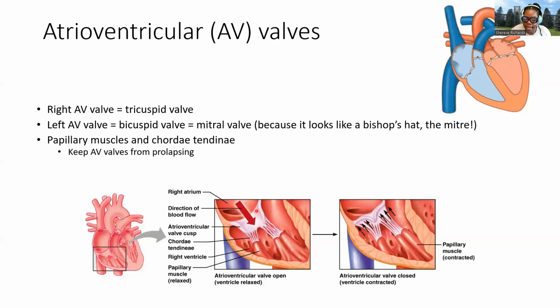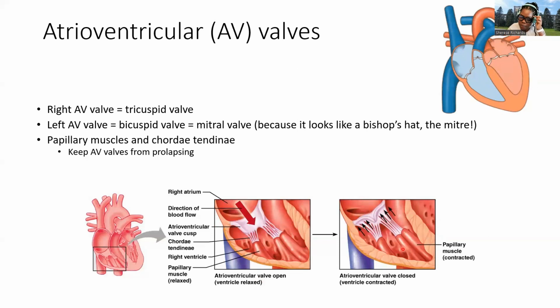So how this protects against backflow is that when the chamber is relaxing, the papillary muscles are relaxed, and so the tendinous cords are loose and floppy to allow the valve to open up, right? They're not tense when the chamber is relaxed.